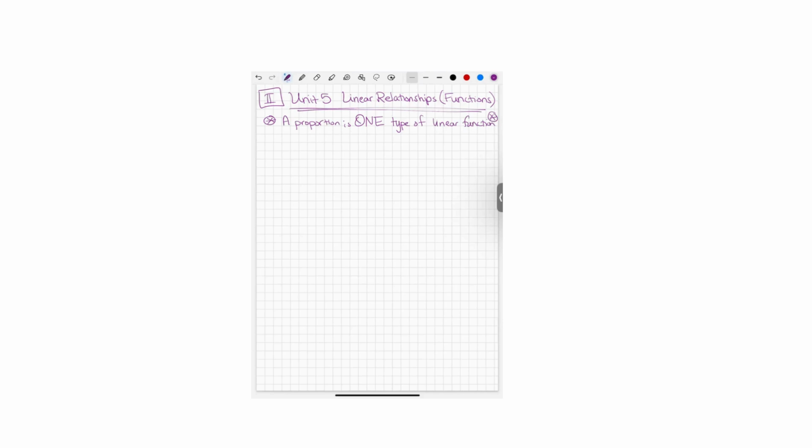So a proportion is one type of linear function. This graph with a line. But now we want to also look at other types of linear functions.